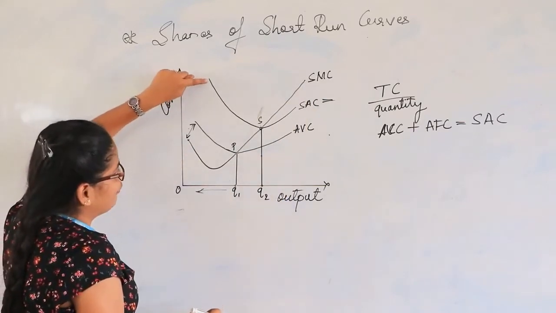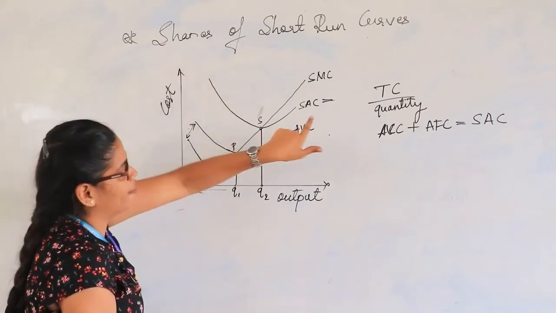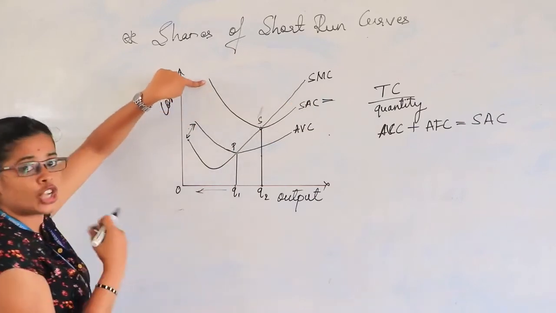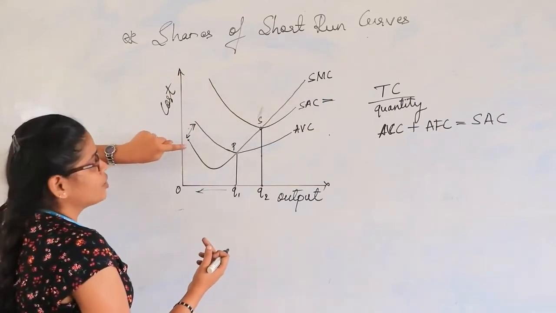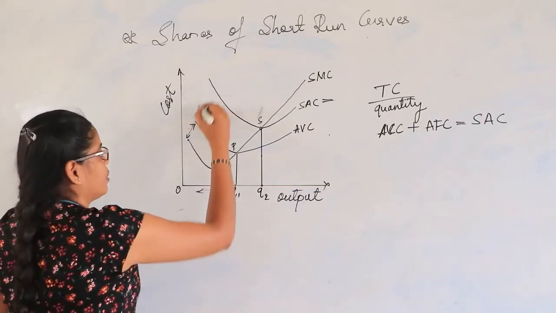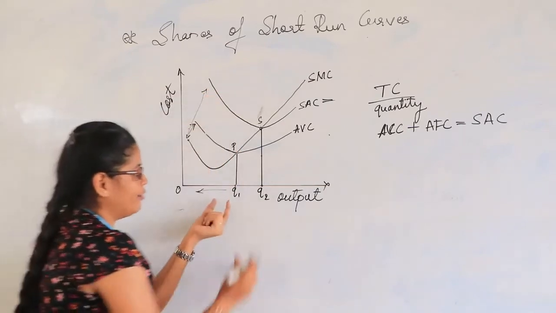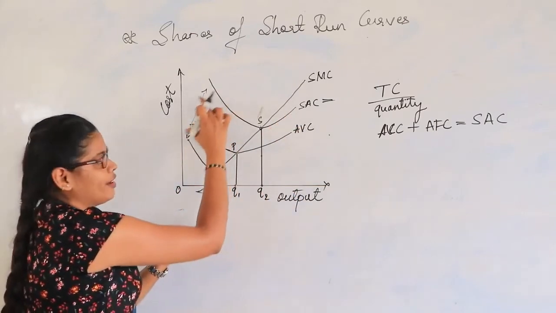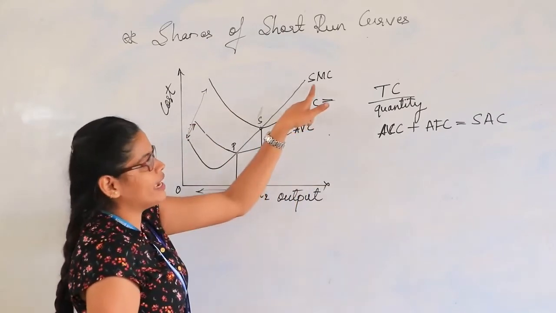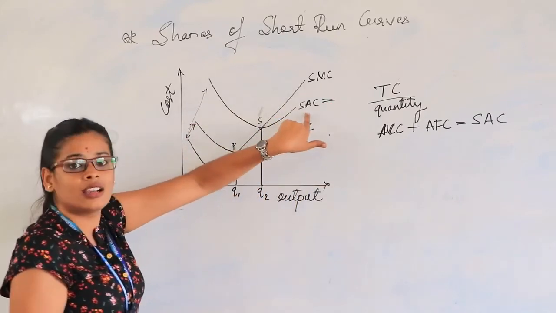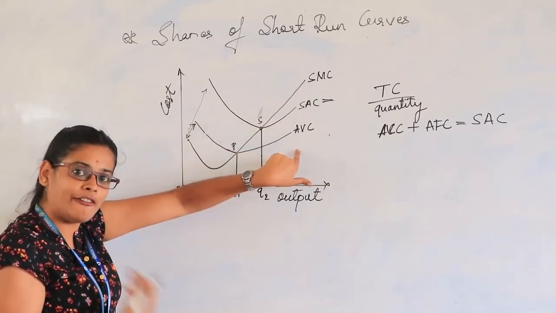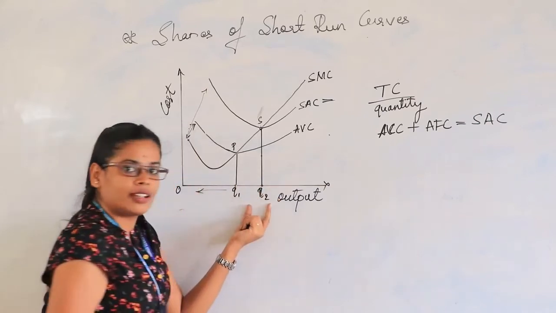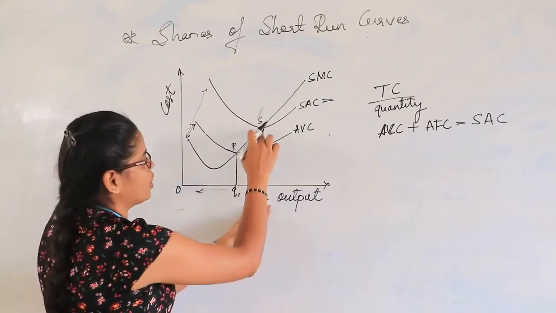Similarly, when comparing the short run average cost to the short run marginal cost, you can again see that the short run average cost is greater than the short run marginal cost. But on this side of Q1, whatever we have seen has changed. Now the SMC is greater than the short run average cost and also the average variable cost.